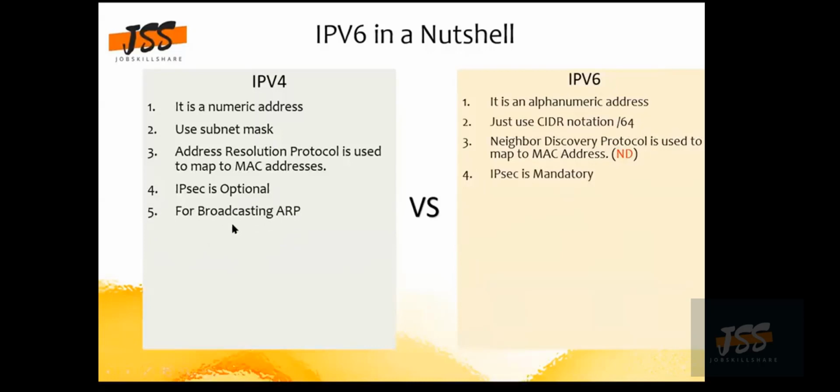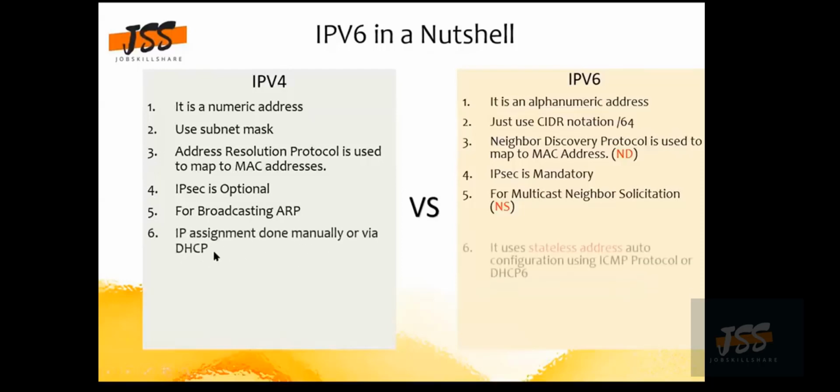We must have security enabled in IPv6. Then IPv4 uses the concept of broadcasting with ARP, but we do not have broadcasting in IPv6. If somebody asks, does IPv6 do broadcast? No, never. It uses multicast neighbor solicitation, in short also known as NS, to find the host on the same subnet. Then we have IP assignment done manually or via DHCP in IPv4.